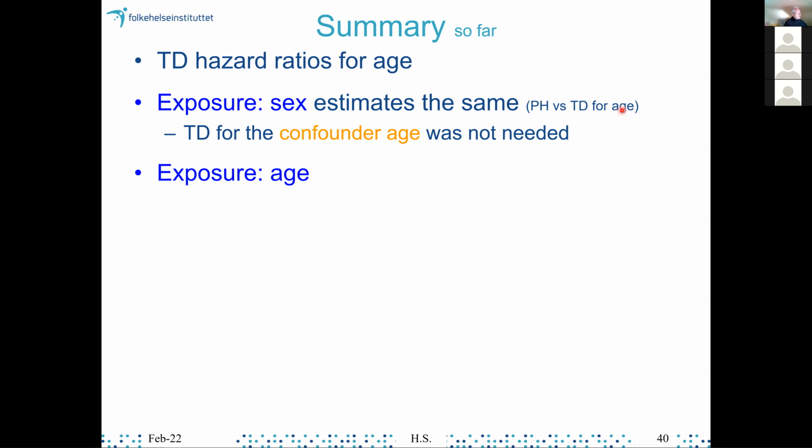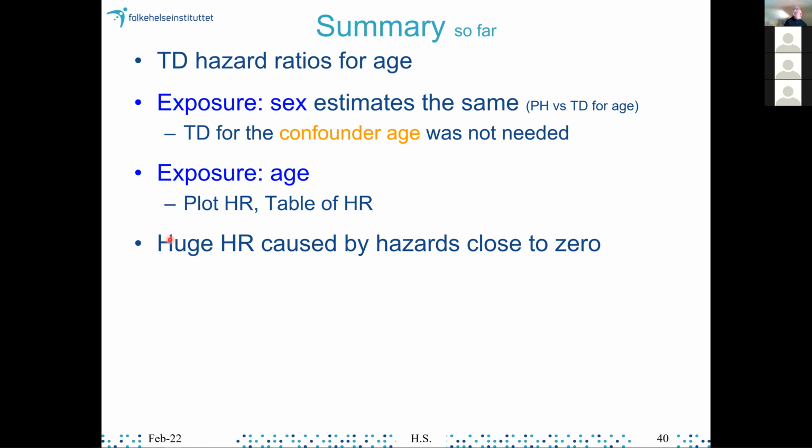If, on the other hand, age is our exposure, then we need to show a plot of the hazard ratio over time or make a table of hazard ratios. And the huge hazard ratios that we saw were caused by hazards close to 0.